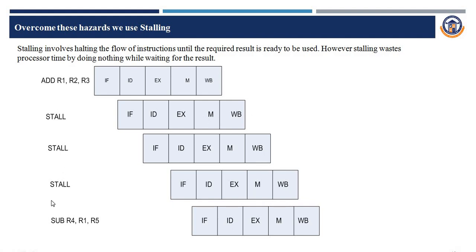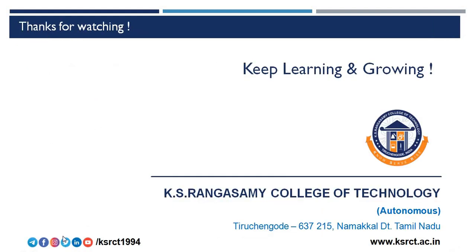Only after 3 stalls, when you put the SUB instruction, the result of R1 is available in the decode stage immediately after the write back stage. In this way we can avoid the hazards by means of stalling.